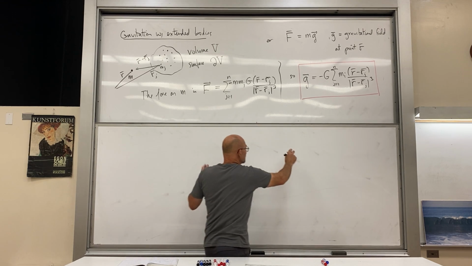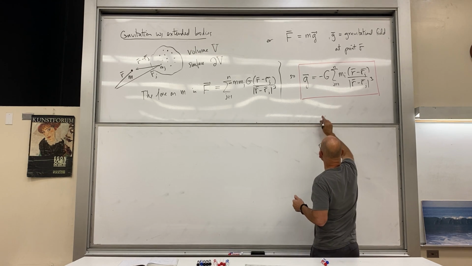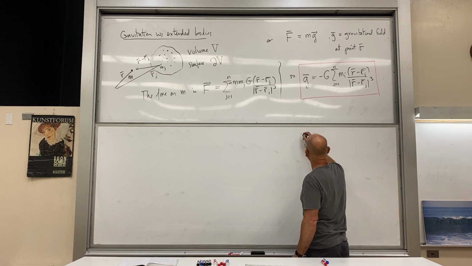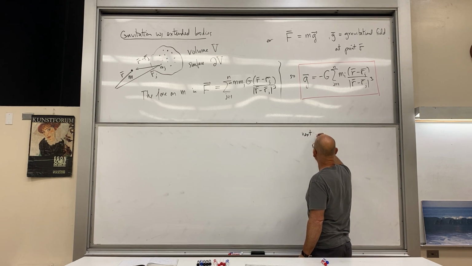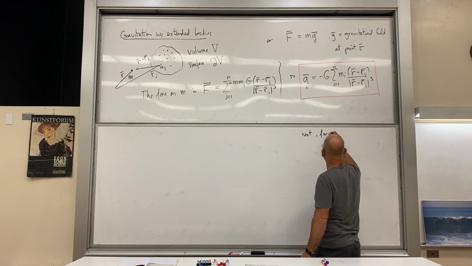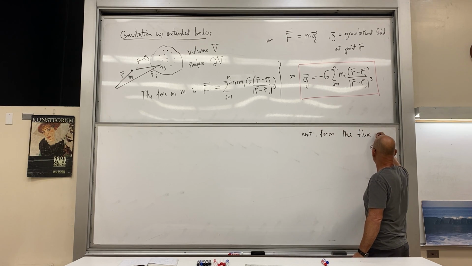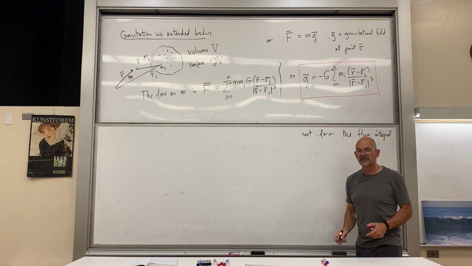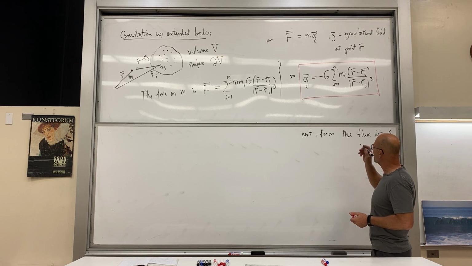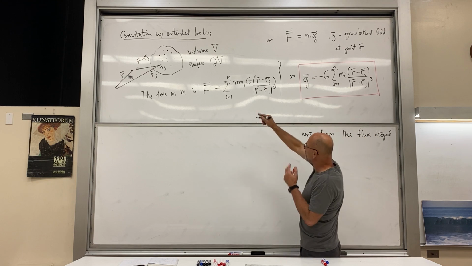So with that example, with this expression right here, we're going to form the flux integral. You've seen electric field and flux, but you can do the same thing with gravity. And there's our volume there.